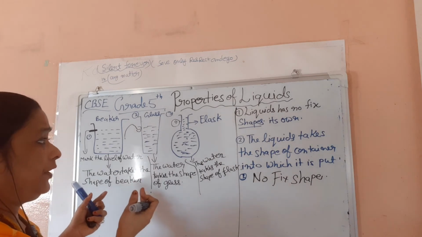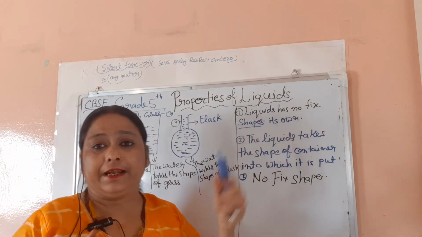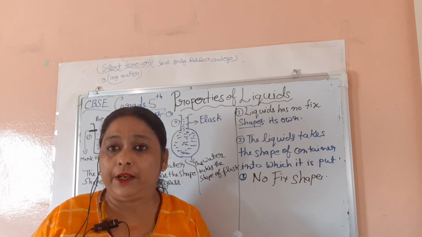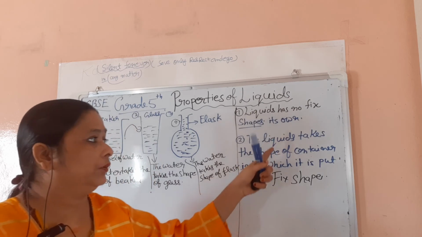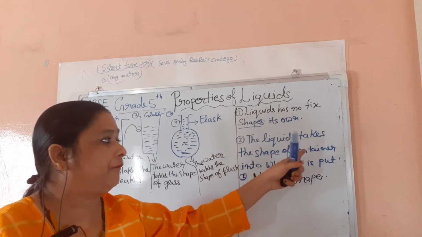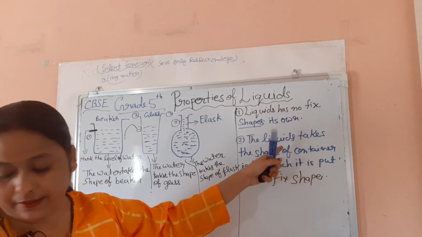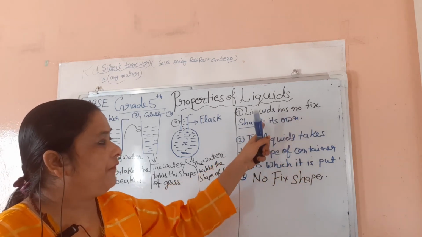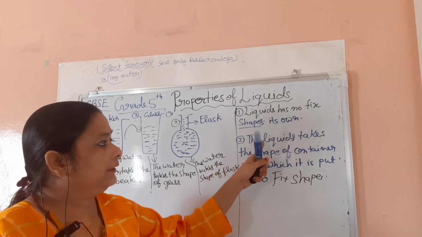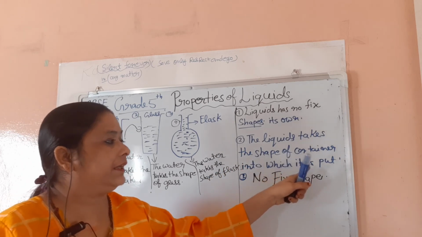So now we know and observe that a liquid has no fixed shape of its own. Liquids or water have no fixed shape of their own. The liquid takes the shape of the container into which it is put.